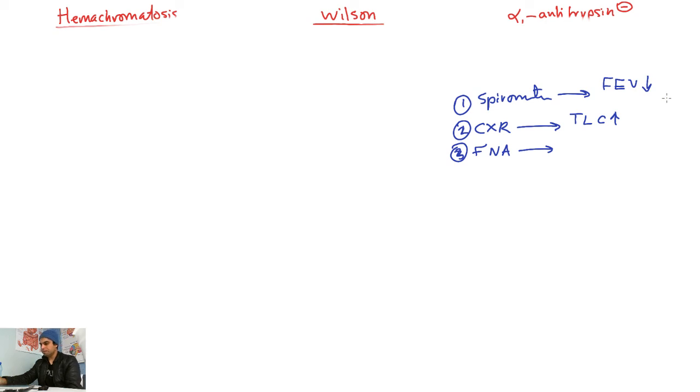You can find one more thing, which I'm going to write in red. Make sure you memorize these things. Forced expiratory volume in 1 second over vital capacity is decreased. The ratio is decreased.